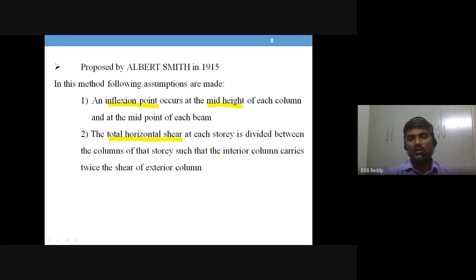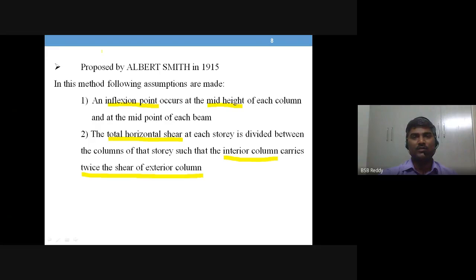How are they related? The interior column carries twice the shear of the exterior column. This is the relation.